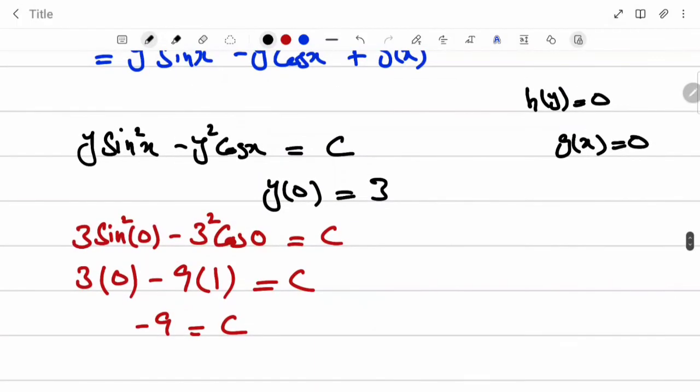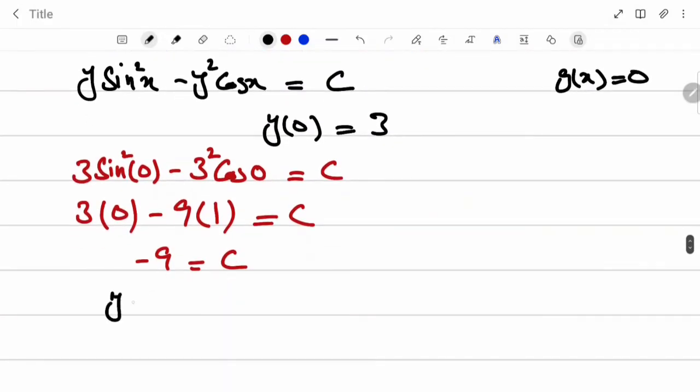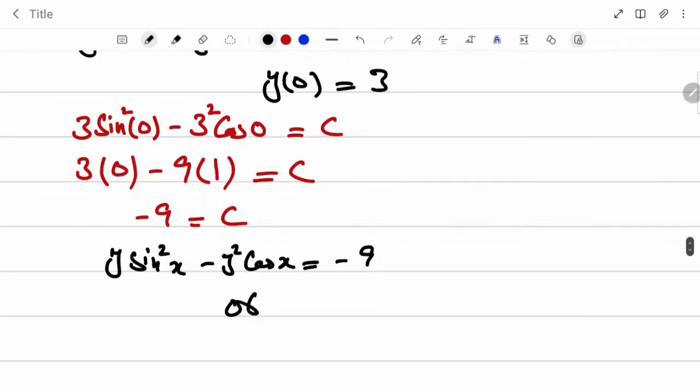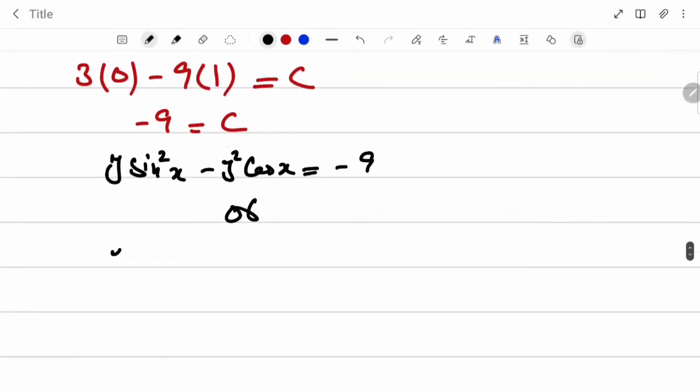So the above equation we can write as y sin²x - y² cos x = -9, or you can even write it as y² cos x - y sin²x = 9.